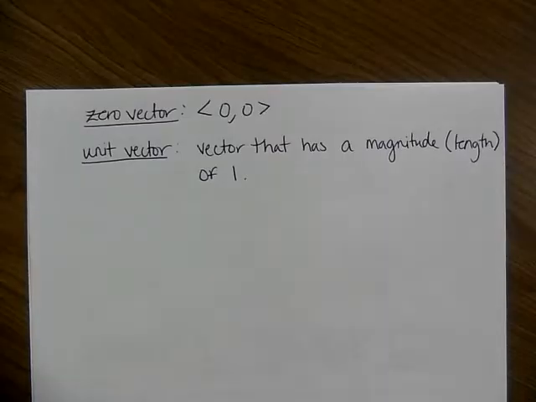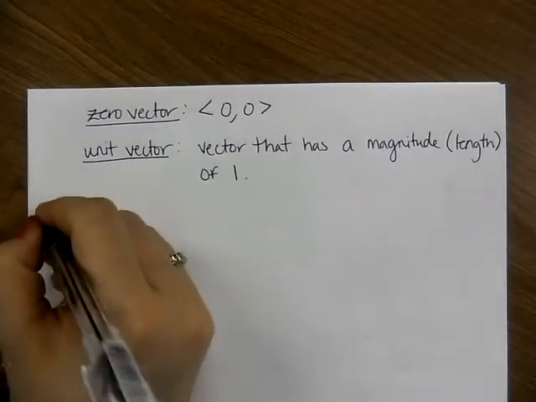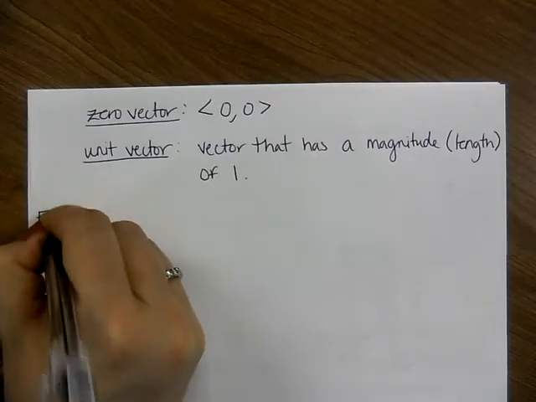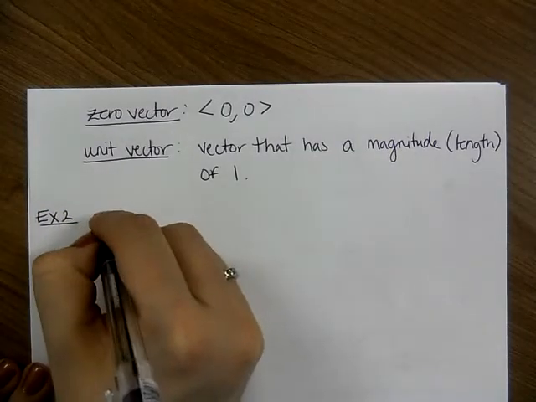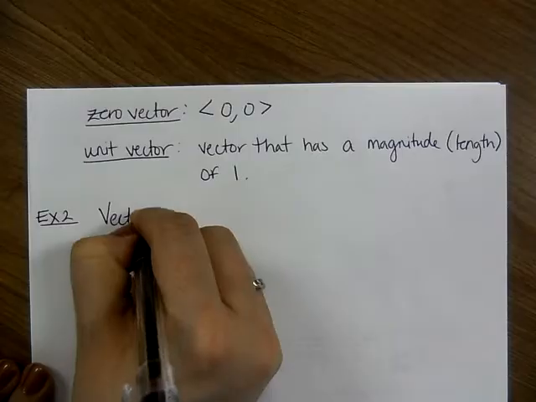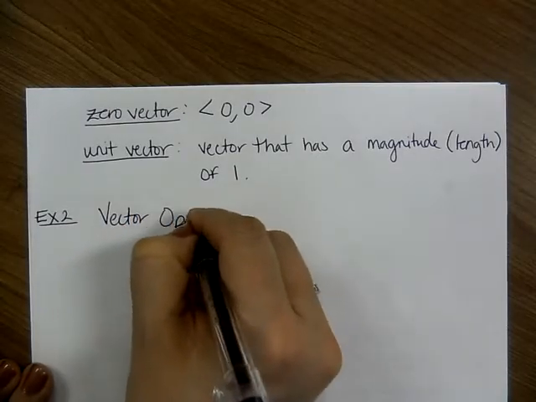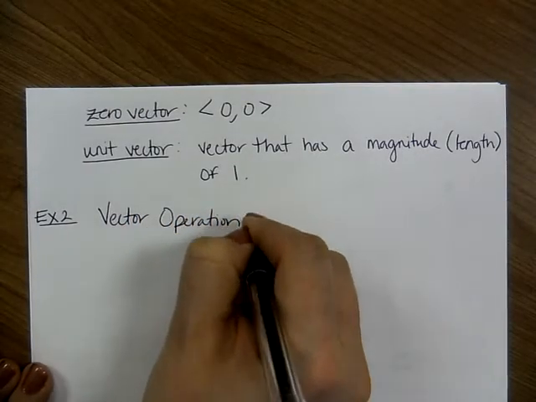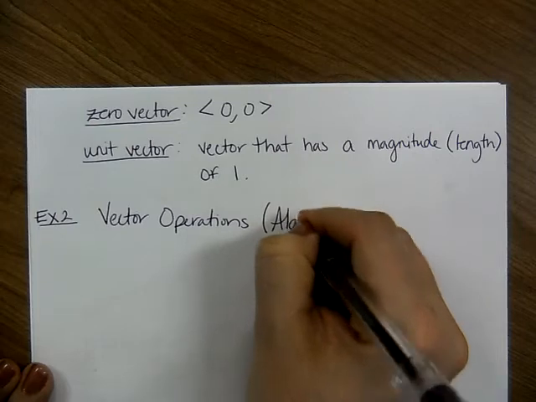Okay, so now we're just going to try some vector operations, both algebraically and geometrically. So we'll just call this example 2. We're going to practice some vector operations, but we're going to do them algebraically first.